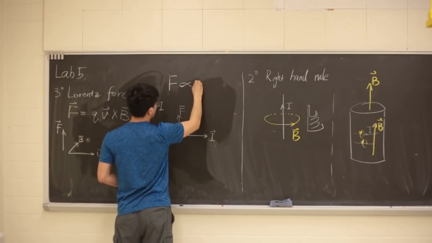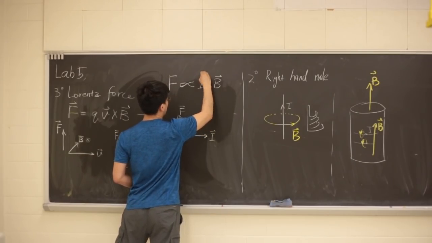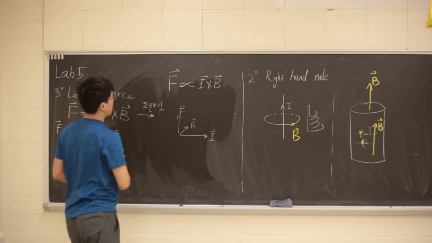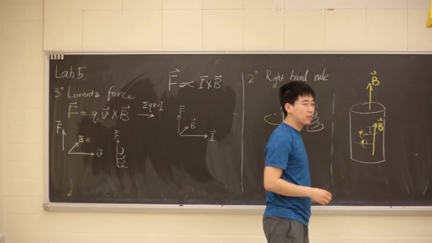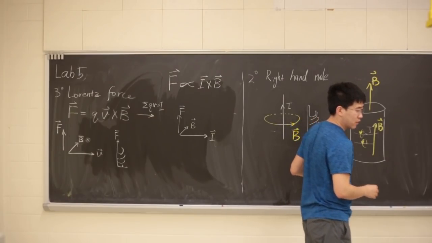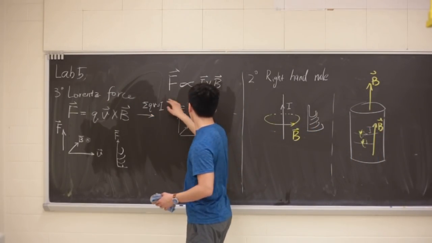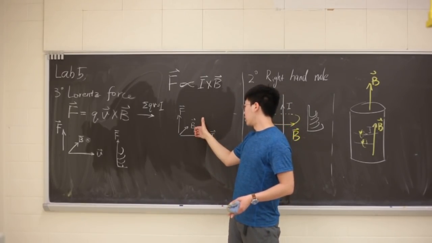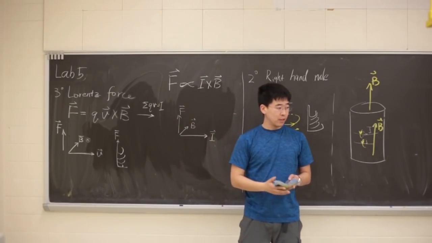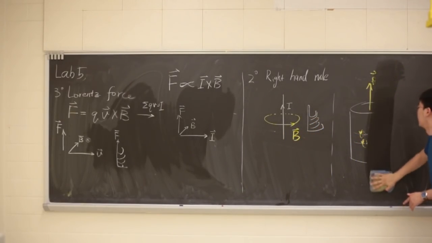I think that's proportional to I cross B, right? I think it's Ampere's law. So it's basically the same formula, where I is the orientation of the current flowing. So I cross B. Okay. Time is limited. Any questions?